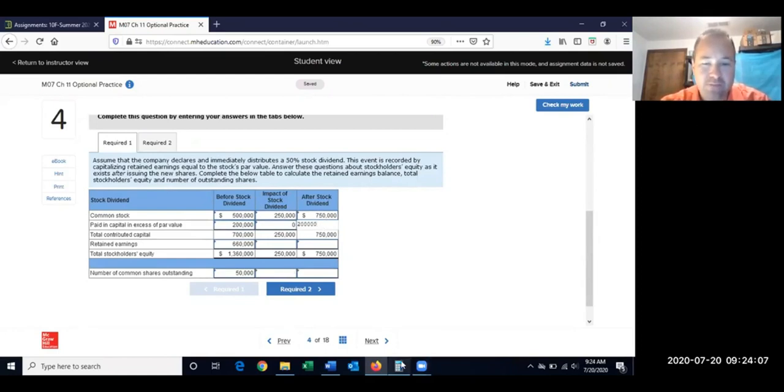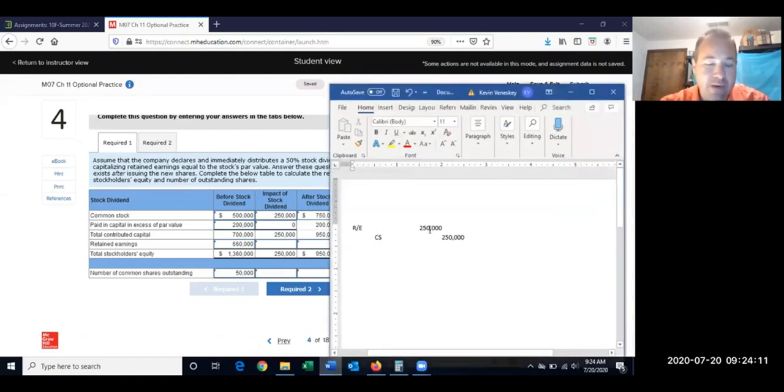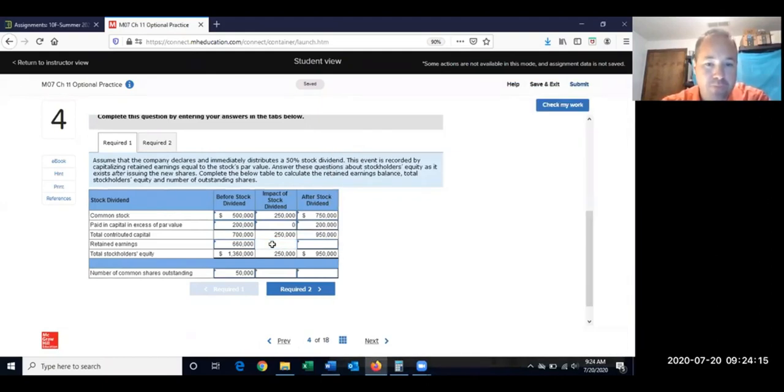Retained earnings, I go back to my journal entry, I debited my retained earnings, so that's subtracting 250,000. So the impact of the dividend was a negative 250,000. What that leaves me then is a balance. You take 250,000 less the 660, you get 410 left.